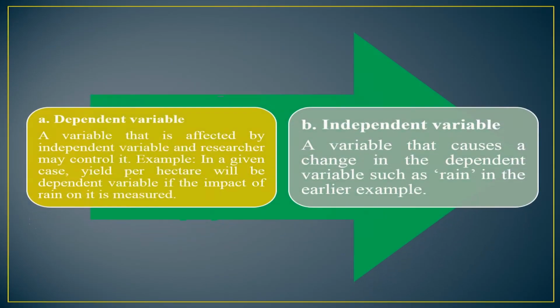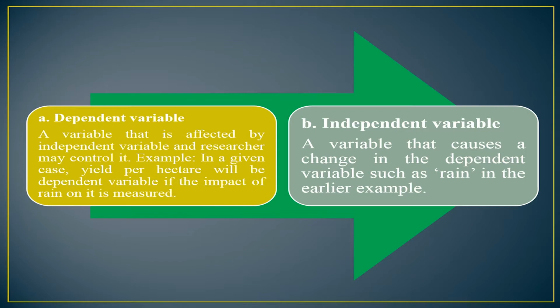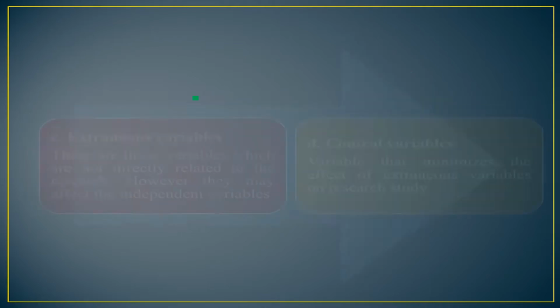A dependent variable is a variable that is affected by the independent variable and the researcher may control it. For example, in a given case, yield per hectare will be a dependent variable if the impact of rain on it is measured. An independent variable is the variable that causes a change in the dependent variable, such as rain in the earlier example.